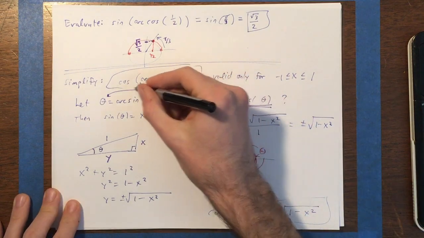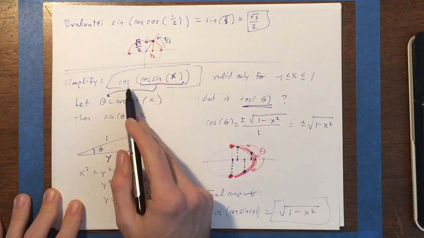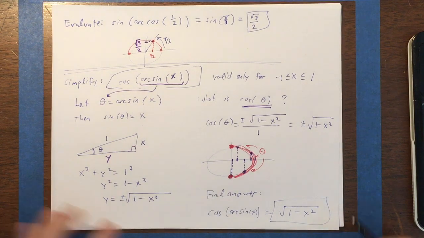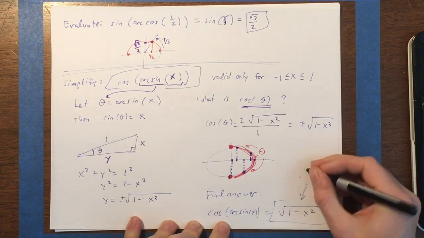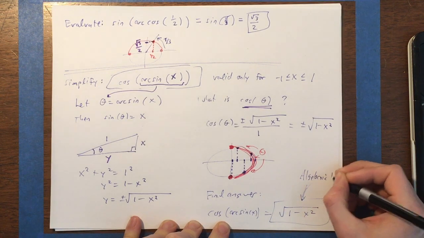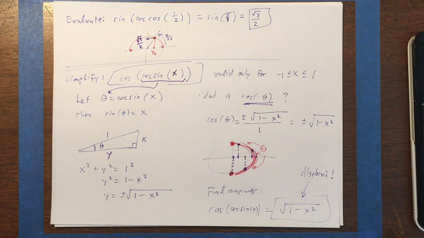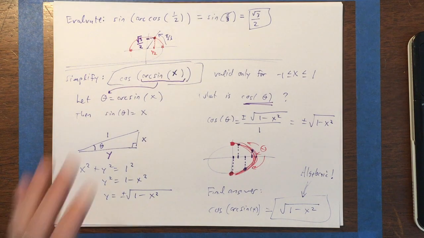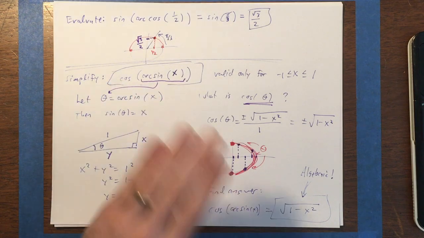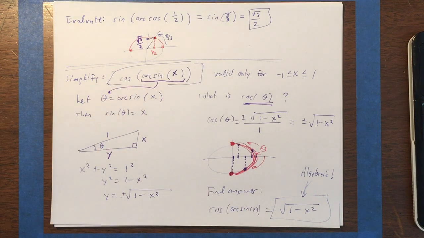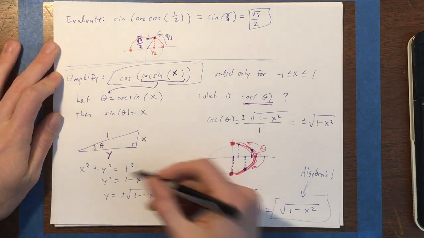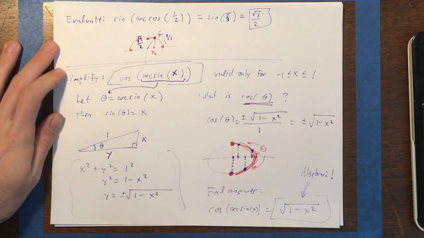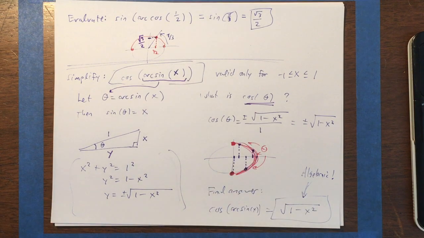But you are able, in some cases like this, to take a composition of a trig function and an inverse trig function and simplify it into an algebraic function, which on some level is mind-blowing, because so far trig functions are not connected in any way to algebraic functions, right? They seem completely alien and unrelated to algebra. But it is the case, because of things like the Pythagorean theorem and this idea of ratios.